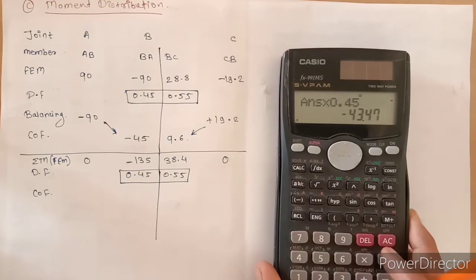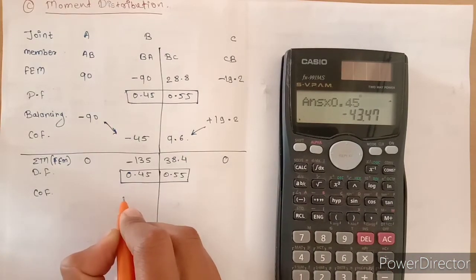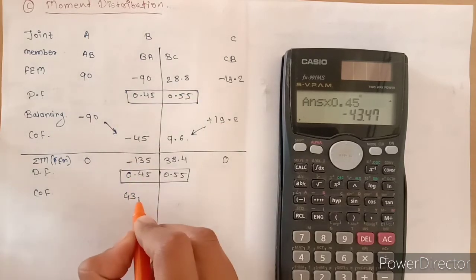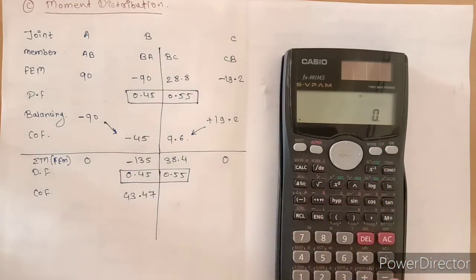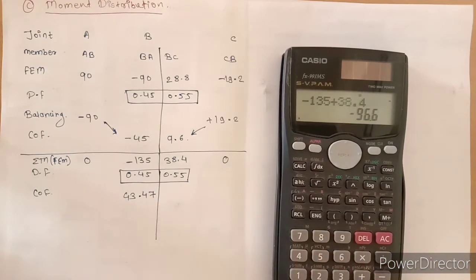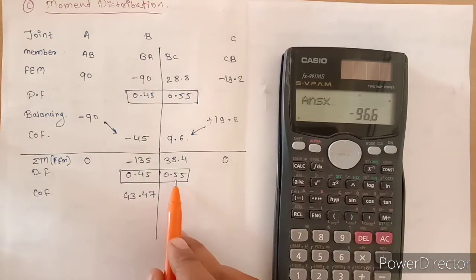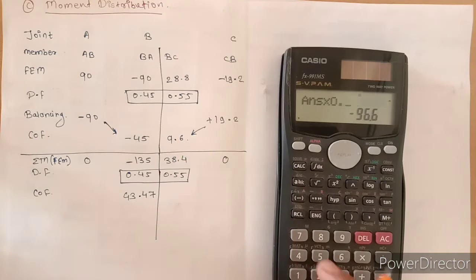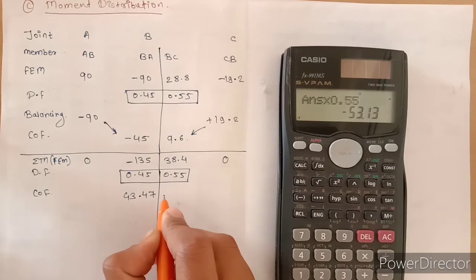So the answer is minus 43.47, and here we take a plus sign for balancing purposes. So the factor for member BA is 43.47. Same for the BC member: minus 135 plus 38.4, the difference is minus 96.6, multiplied by the distribution factor for member BC, 0.55. The answer is minus 53.13, and here we take a plus sign.